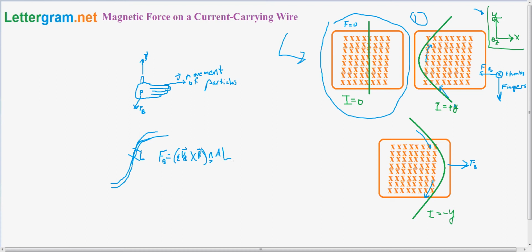Which, if we do some calculus, which some of you aren't in calculus, you probably won't need to even do this. We have the current, since the current is equal to NQVDA. I talked about that in a previous video too, and that's very important, because we have the Q, the VD, the N, and the A. So we have the current times the length of the wire, the directional length of the wire, times the cross.